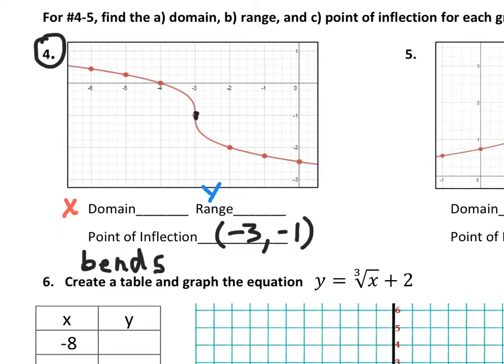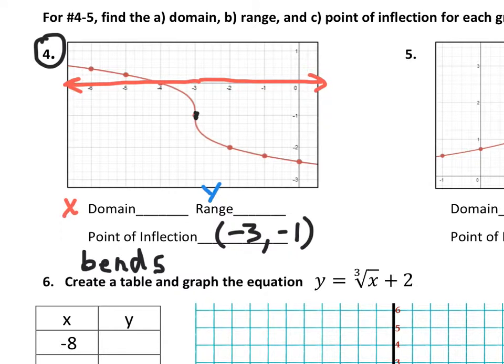Now, the domain of the cube root graph is all x values that it is possible to have. It's actually pretty nice. It's every single value. If you look in the x direction, going to the right and going to the left of the point of inflection, that graph just continues on.